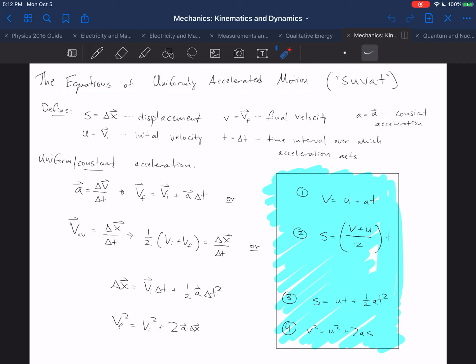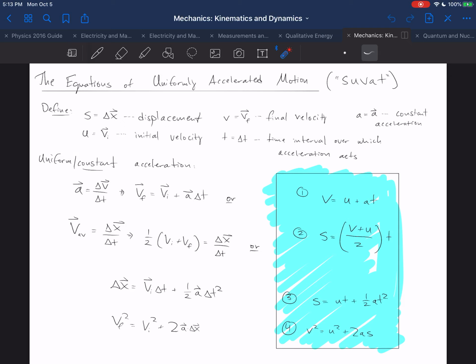But what I'm going to do is define the relationship between the variables used in the SUVAT equations, and variables that I have introduced prior. And then in the next couple of videos, after introducing the equations, we will show where they come from.